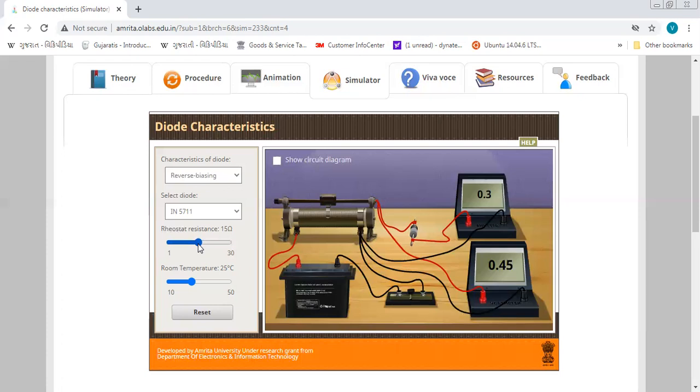As you can see, after a certain level, the current value is not increasing in the reverse bias mode of the PN junction diode, which is due to when the barrier voltage becomes equal to the battery voltage, and so the current becomes constant.